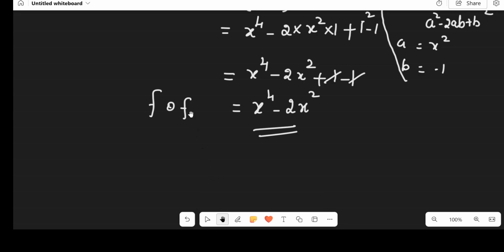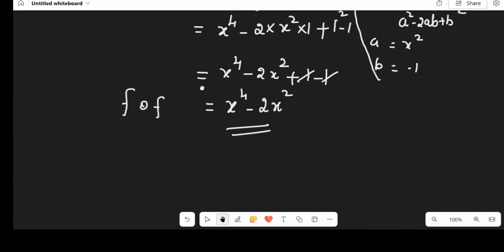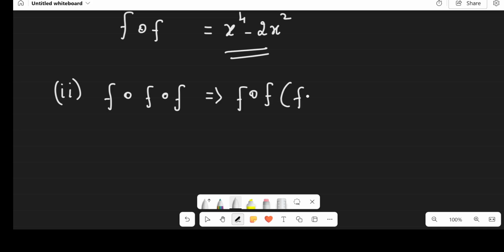Next, what we need to find out? F of f of f. So the next sub question is f of f of f. How can we expand this? F of f of x, right? So in the next step we should apply the formula.